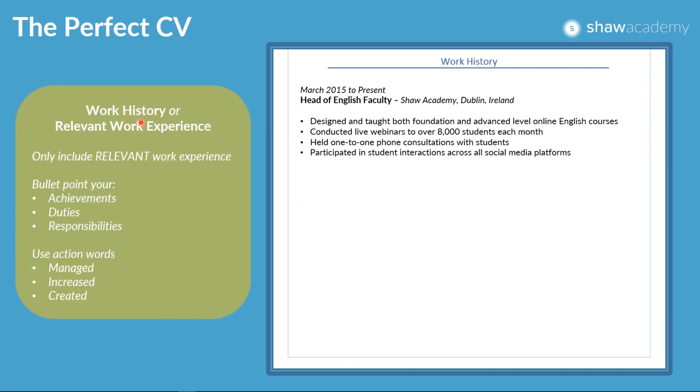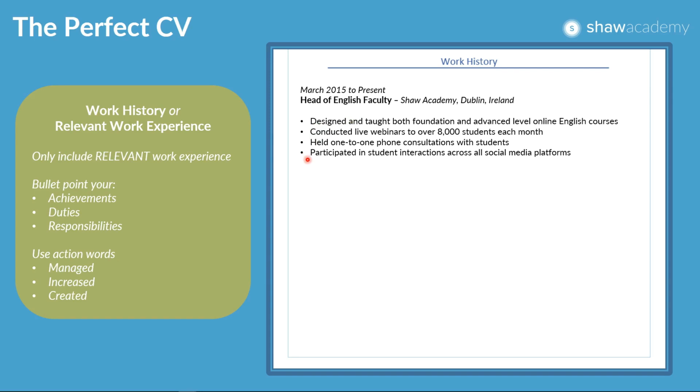So for work history or relevant work experience, first of all, only include relevant work experience. Only include work experience that has some qualities which will benefit you in the job you're applying for. Bullet point your achievements, duties and responsibilities, and use action words. So notice that I did not write I designed and I taught, I conducted, I held, I participated.